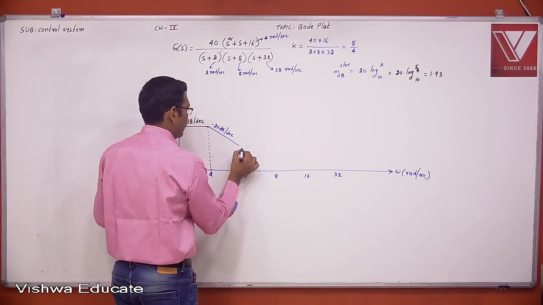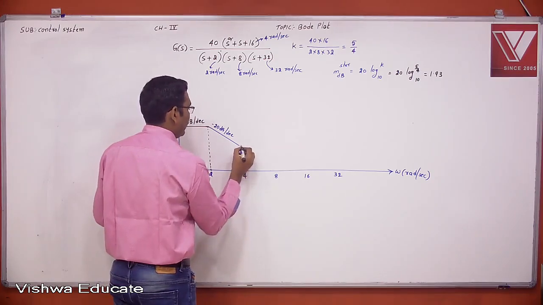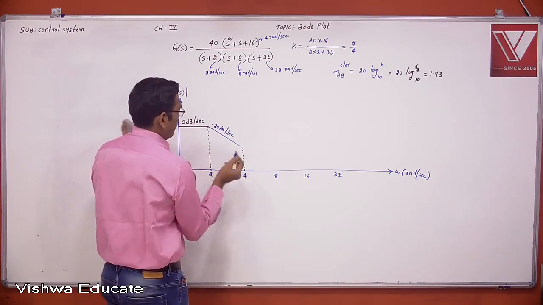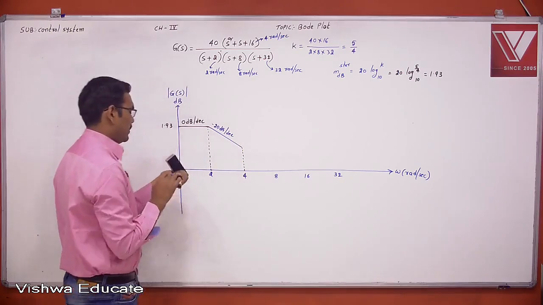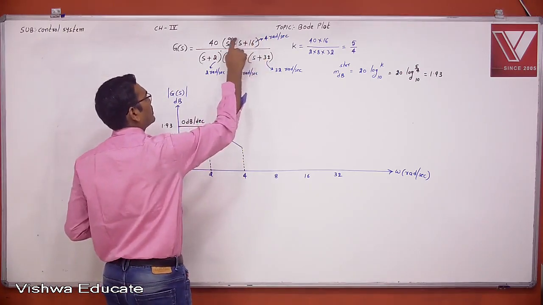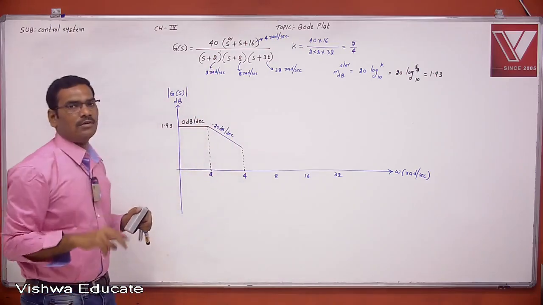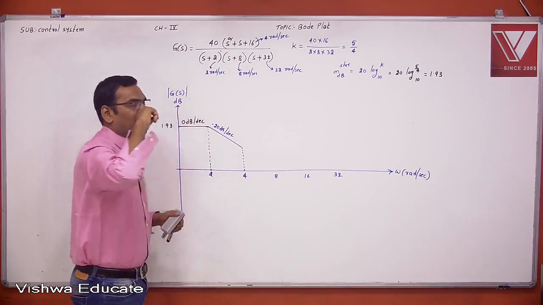The next corner frequency is 4 radians per second. At 4 radians per second, there are two simple zeros, or two finite zeros.